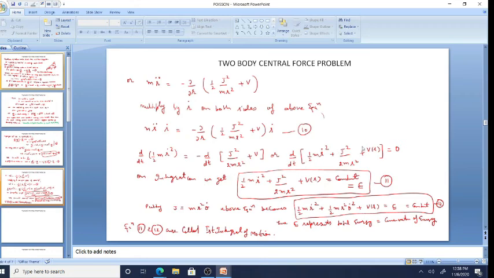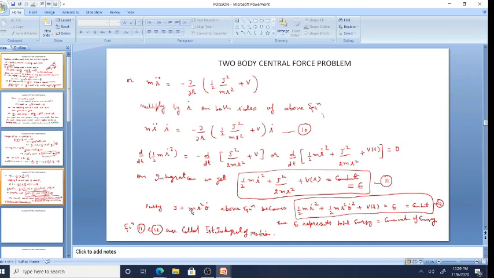Now if we integrate this equation, then we can write it as 1/2 mṙ² plus J² upon 2mr² plus V(r) is equal to constant, and it is equal to capital E, which is the total energy of the system. Let us say it is equation number 11.